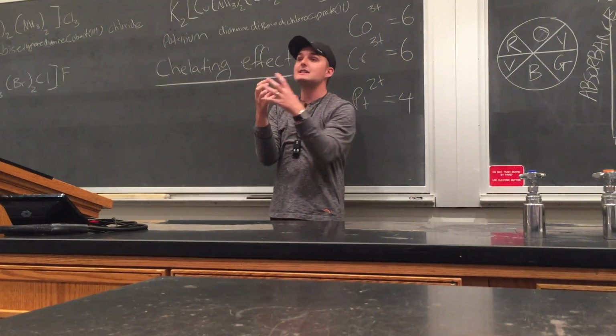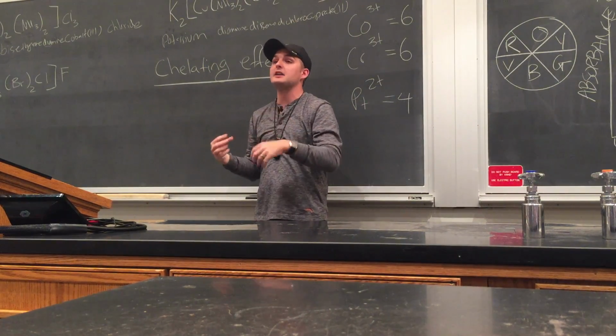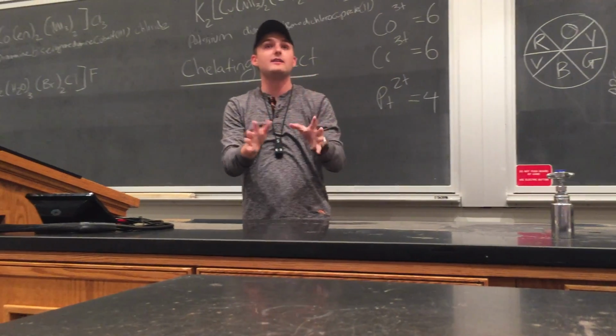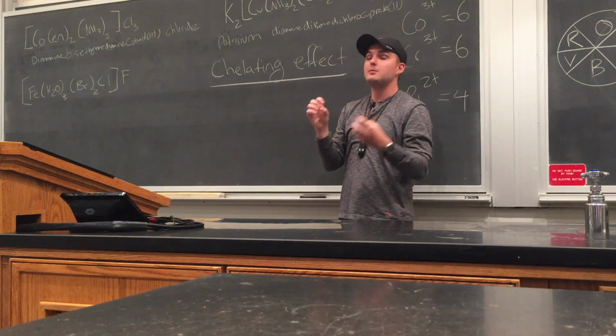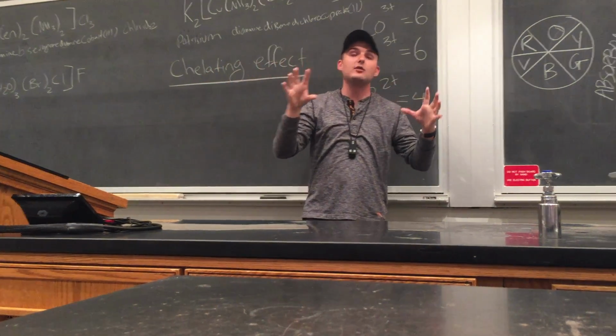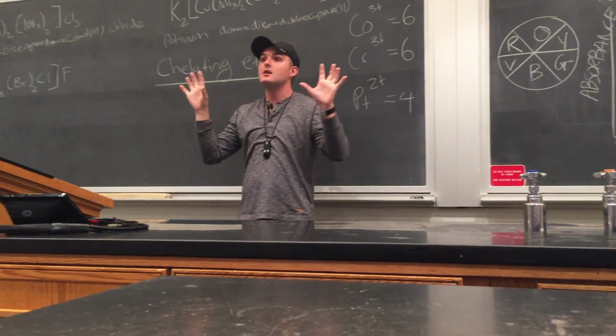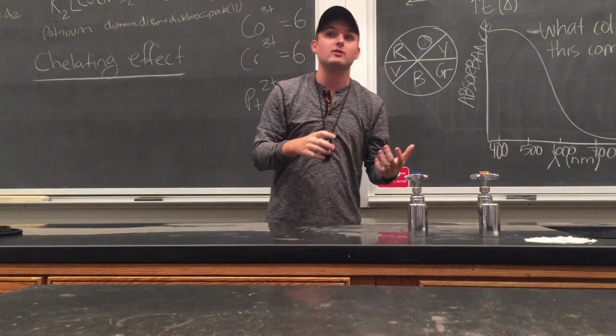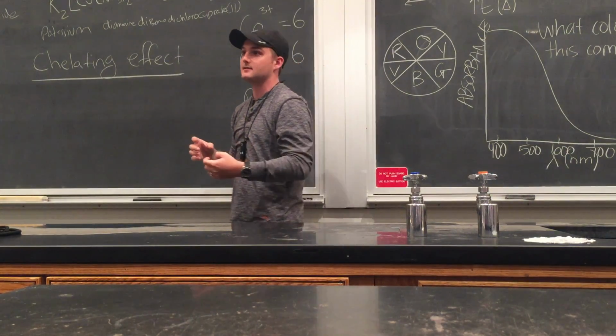And it goes and gets maybe something that's harmful to our bodies or some substance that we don't want in some solution or anything. It's just unwanted. And we put a chelating agent in, and it's able to go with its lone pairs and in several areas, if not lots of areas, bind to that center piece. So EDTA is one we've looked at. It binds in 6 places, right?